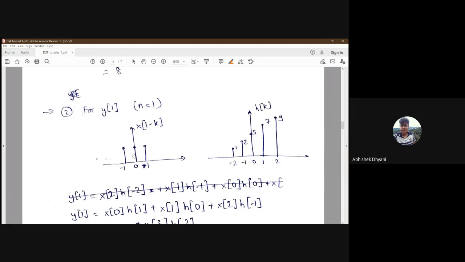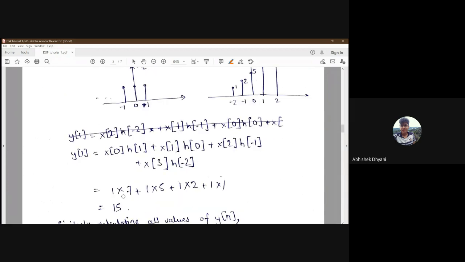Then when k is equal to 0, I get this one, which is x[1], and it will be convolved with h[0]. Then finally, I'll have x[2] convolved with h[minus 1]. And then we add them together to obtain y1 equals 15.